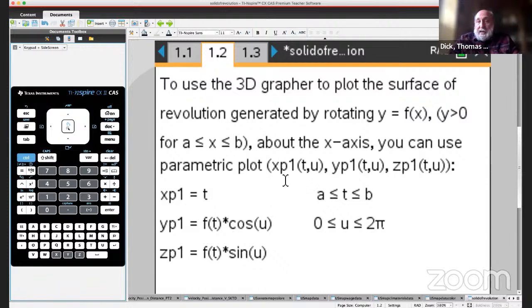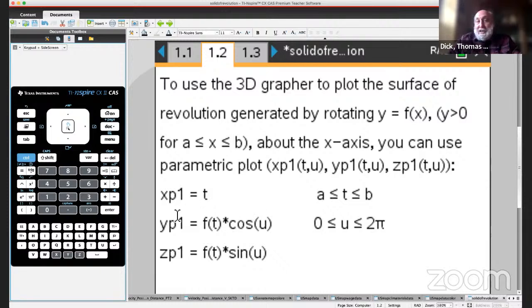To visualize that, we're going to use the parametric plotter. This is just the notation that Nspire uses for a parametric surface, where you have a surface in 3 dimensions in which each coordinate, x, y, and z, is in terms of 2 parameters, t and u. It's a 2-dimensional surface in 3-dimensional space.